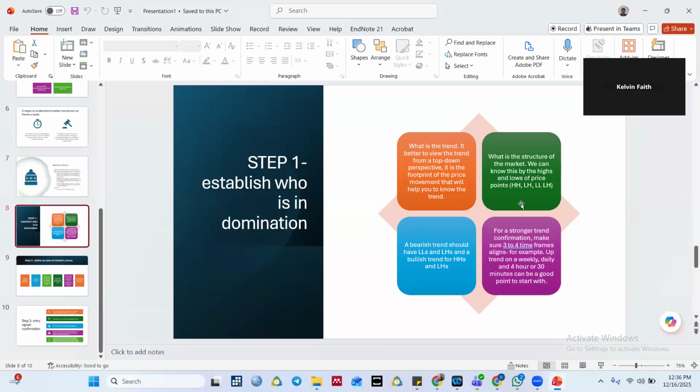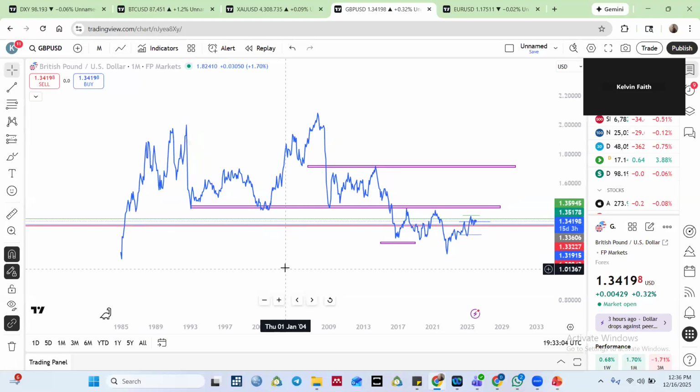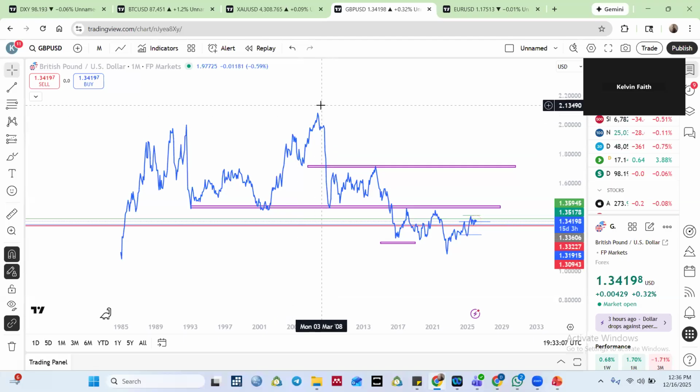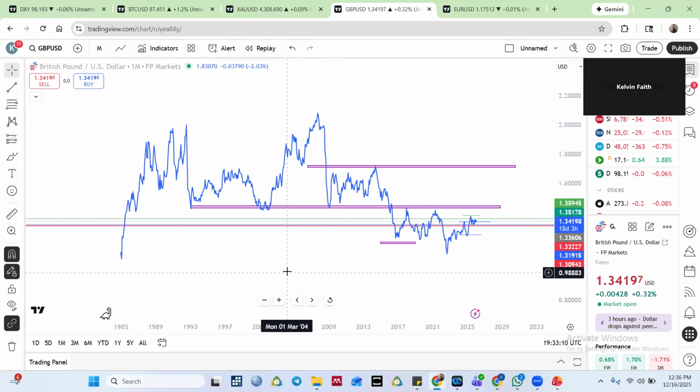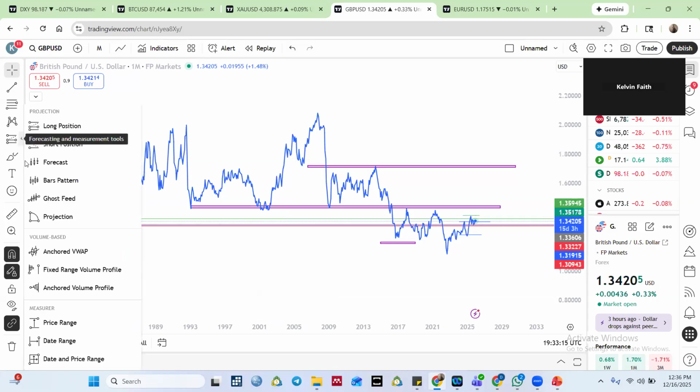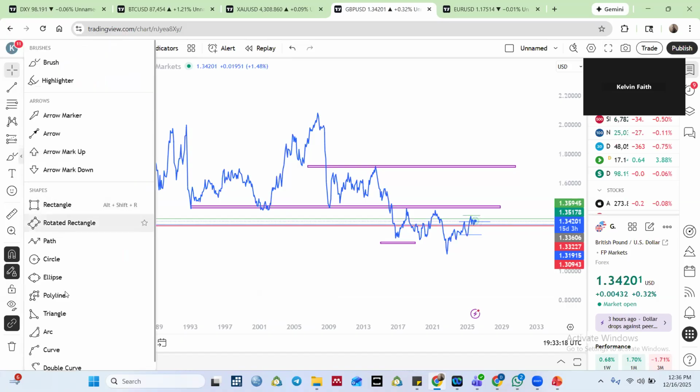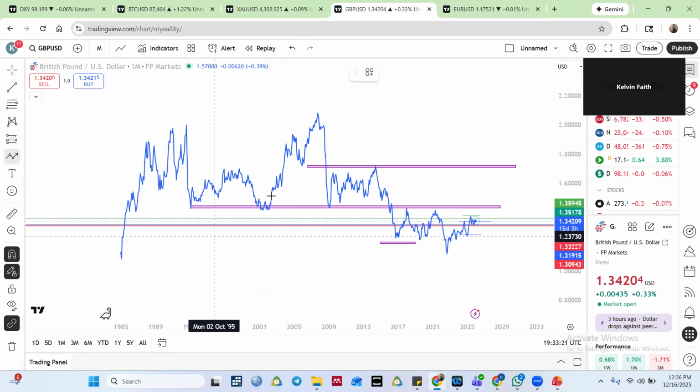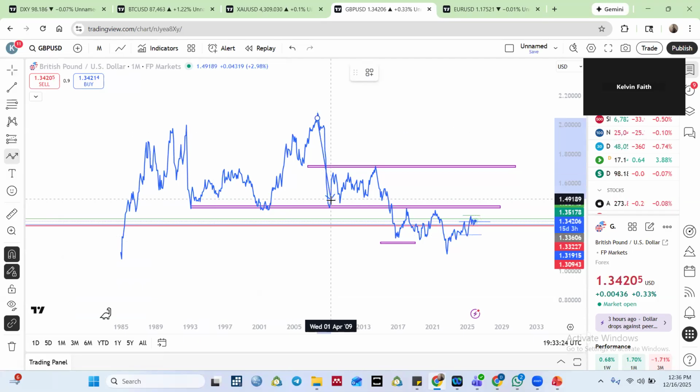So, you guys are saying that GBP USD is bearish. If it's bearish, then we need to be seeing lower lows and lower highs dominating, right? Yes, sir. Perfect. If you look at what we have right now, I can see that we have a low from the top, we have a high, a lower high, a lower low, a lower high.